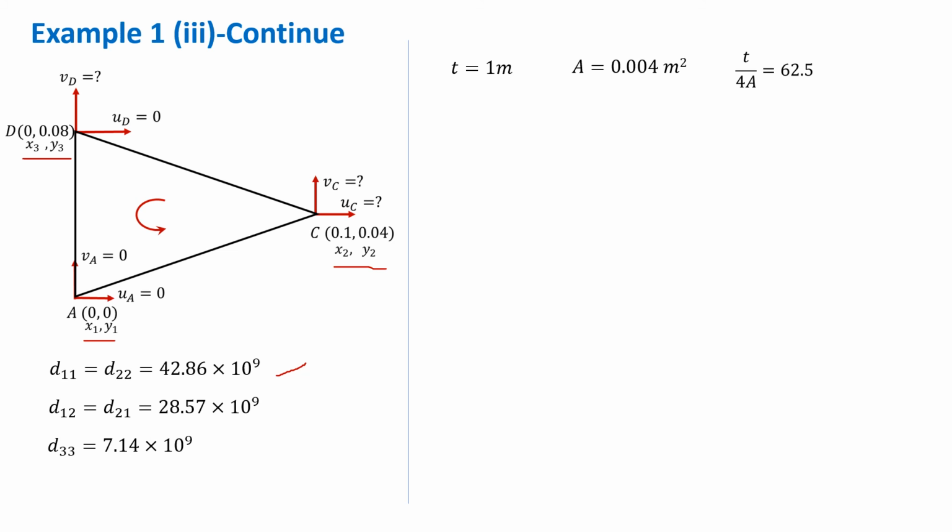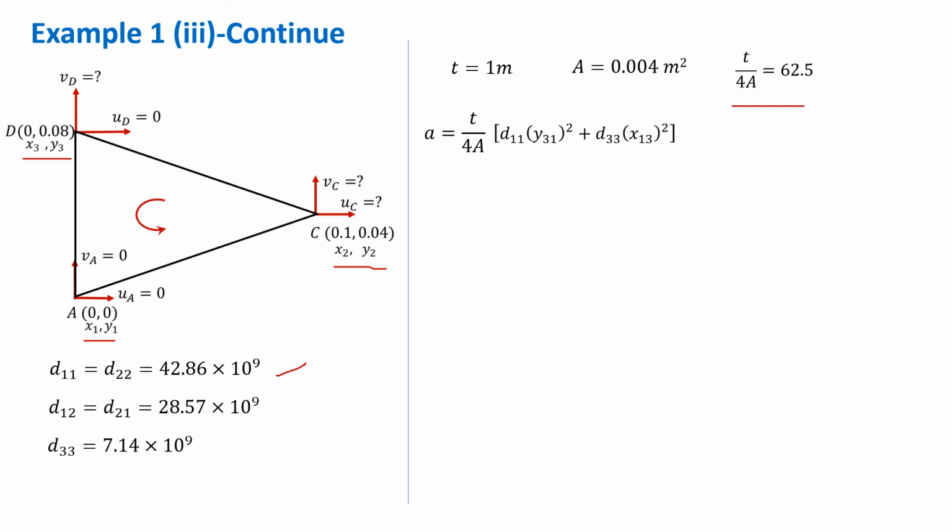Again, to simplify our calculations, it is better to calculate this term, the one outside the K matrix, which is T over 4A. In this case, this value is equal to 62.5. Then, similarly, we just need to calculate the terms A, B, C, D until F according to the formula given in the matrix.